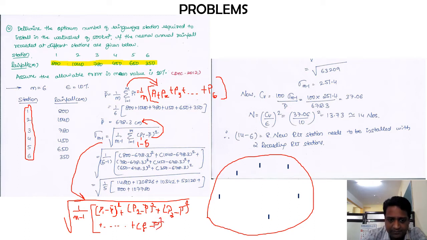So this is going to be your entire expansion of that particular formula.